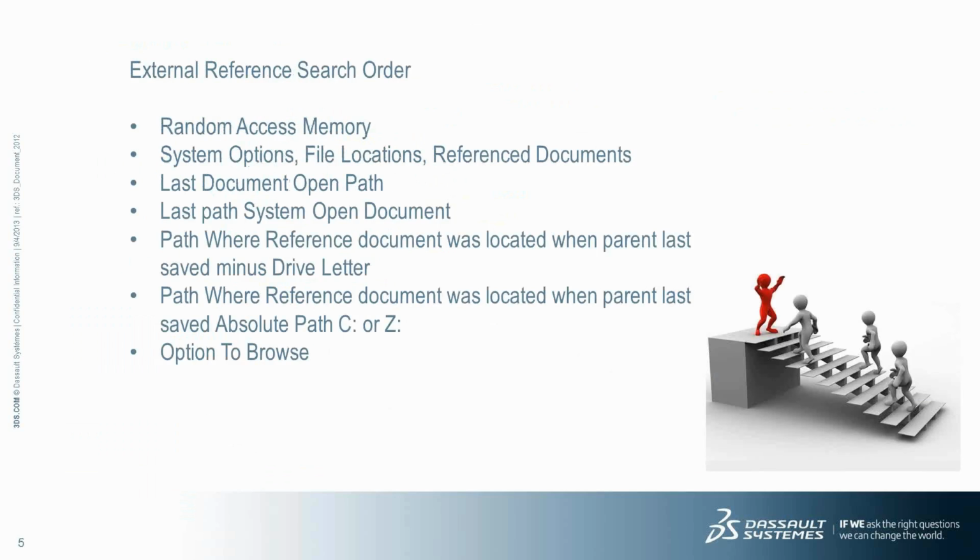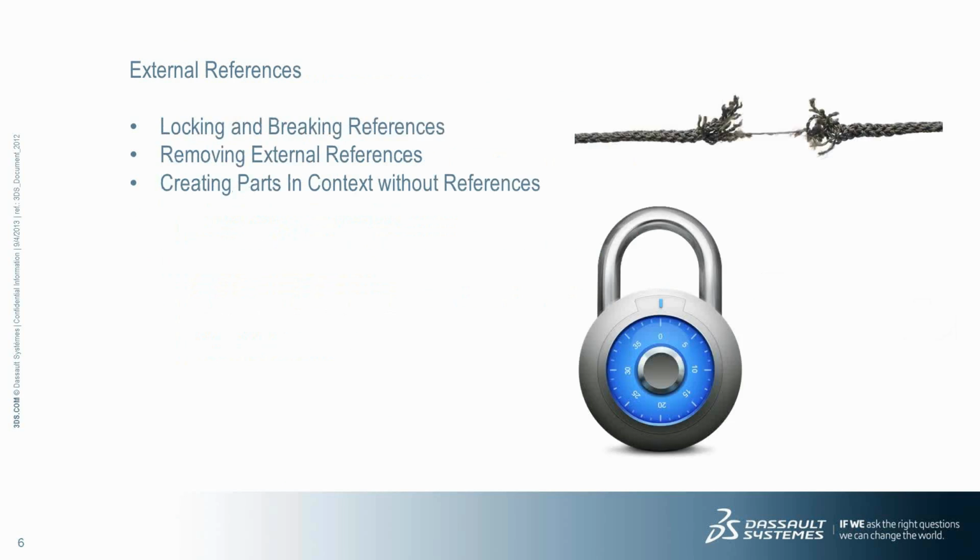So, reference search order is used whenever you do the file open. Now, it also looks for external references. These are external in-context references, references you create inside the assembly.